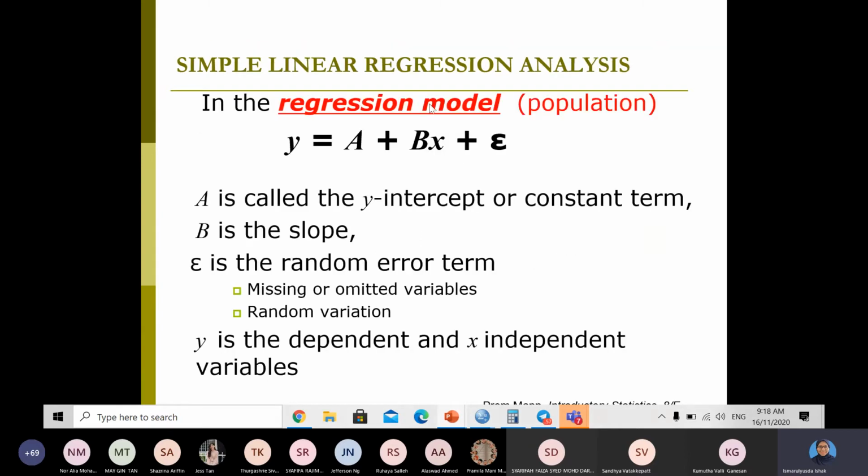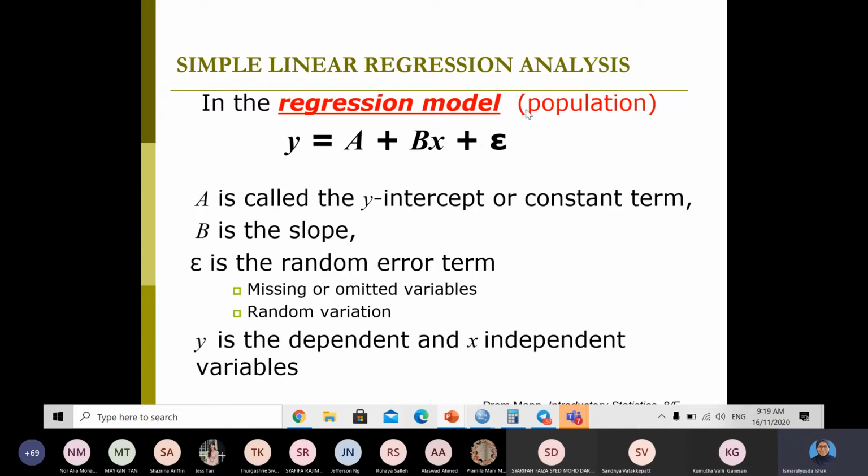So in the regression model for populations, you take your sample to infer the population. Actually in the population, the equation is like this: y equal to capital A plus capital B x plus epsilon.